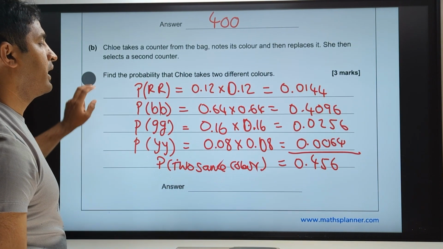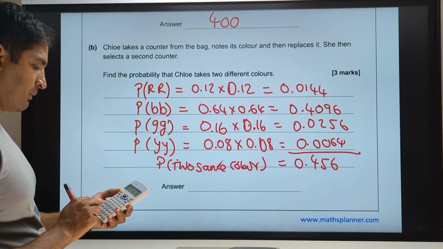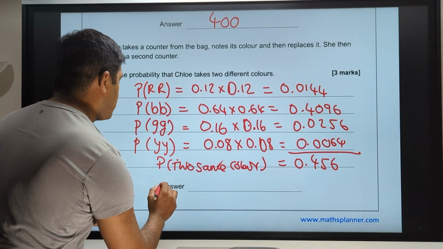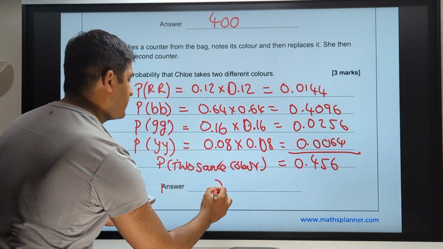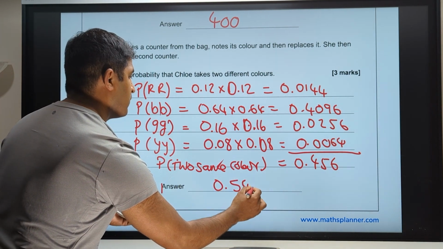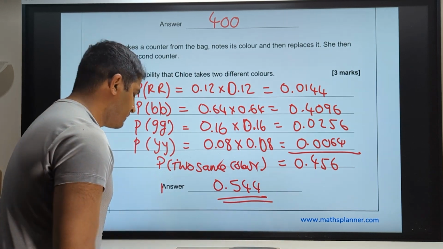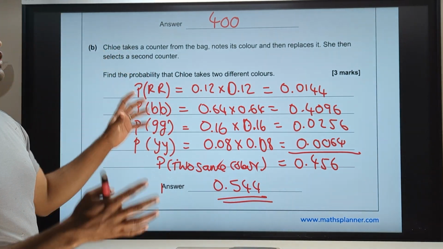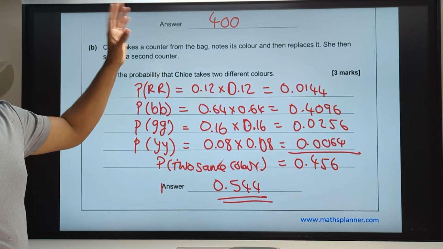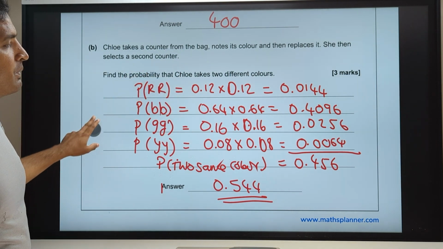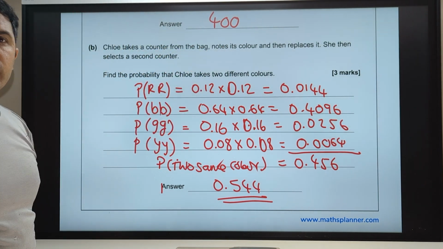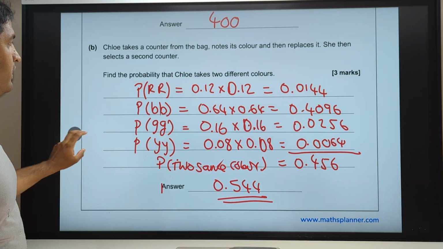So the probability of getting 2 different colors is taking that away from 1, which is 0.544. That's the quickest way to look at it. Or you can draw the tree diagram and work out the probability of picking 2 different color branches.